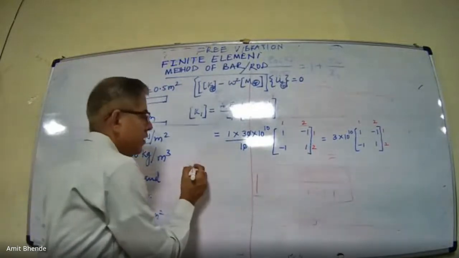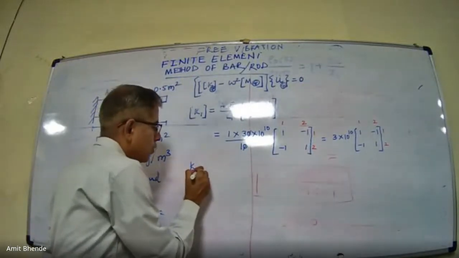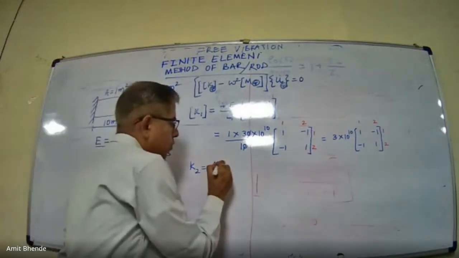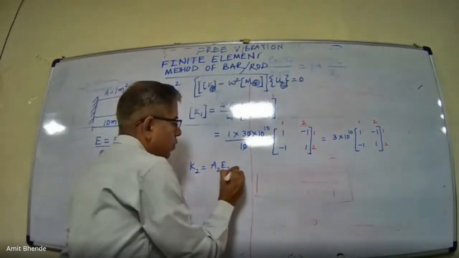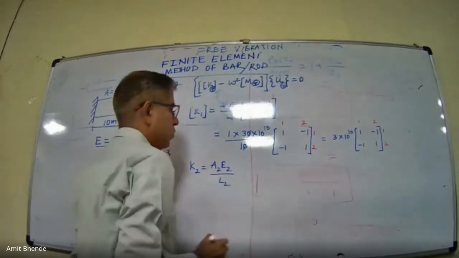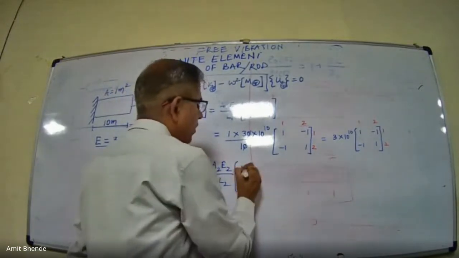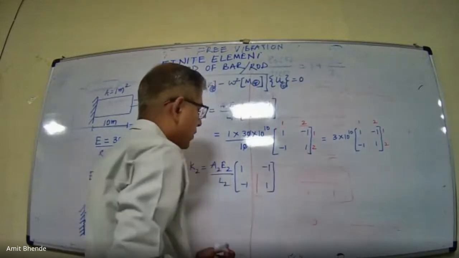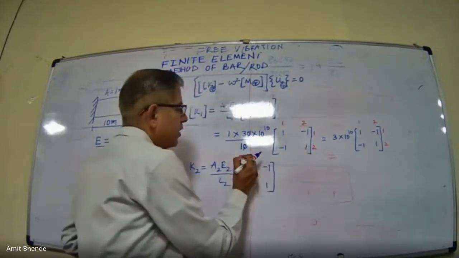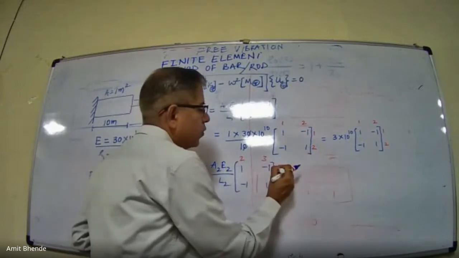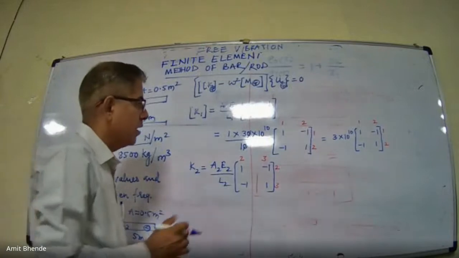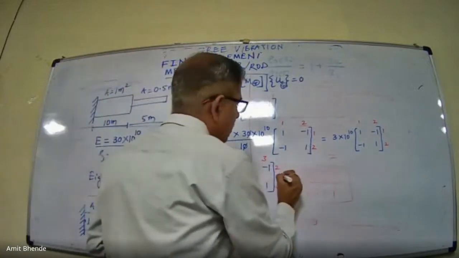Similarly, we find out K2. So K2 is A2 E2 upon L2 into [1 -1; -1 1]. And the row number, column number to this matrix will be 2, 3, 2, 3. Now we put the values.